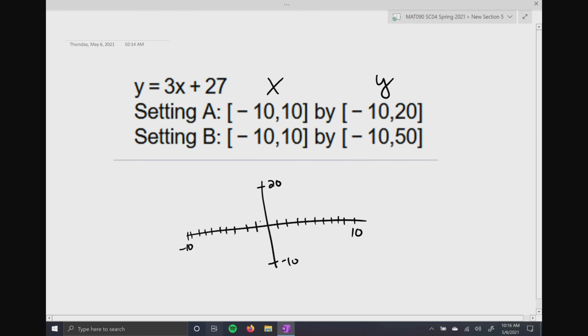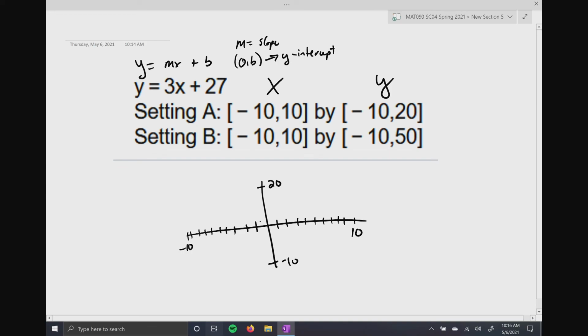If you were to graph this, okay, what setting would you use? Now, you don't need a graphing calculator for this. What this is really asking you is, do you know y equals 3x plus 27? Do you know what that actually is? Now, don't forget, this is y equals mx plus b, where m is going to be the slope, and 0, comma b is that y-intercept.